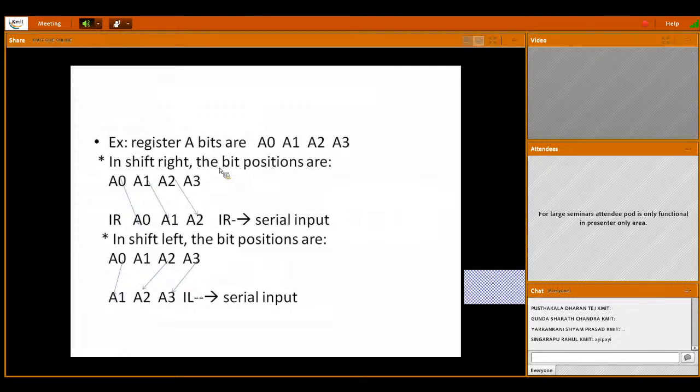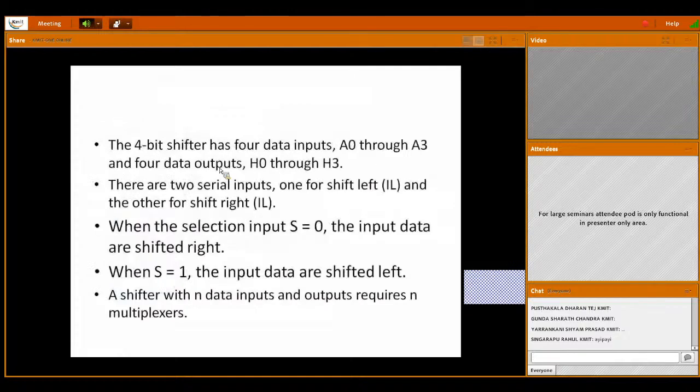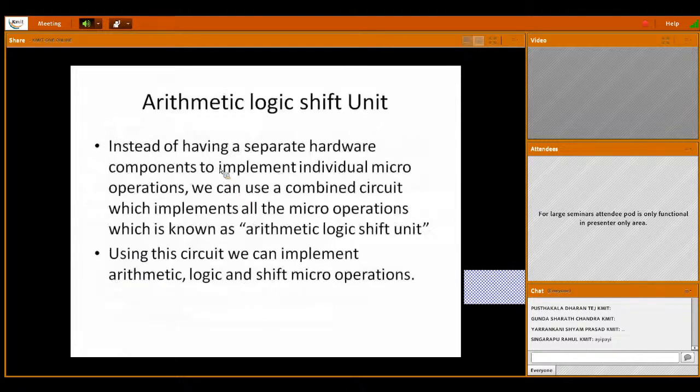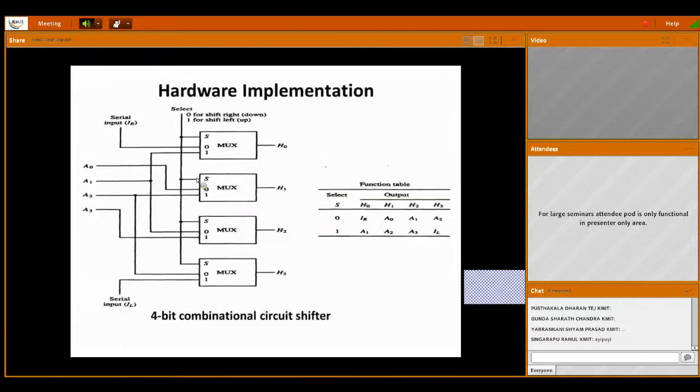And the last topic is the arithmetic logic shift unit. Till now we have discussed arithmetic micro operations, logic micro operations, and shift micro operations. We have hardware circuits to implement all the arithmetic micro operations, all the logical ones, and just now we have seen the circuit to implement all the shift micro operations.